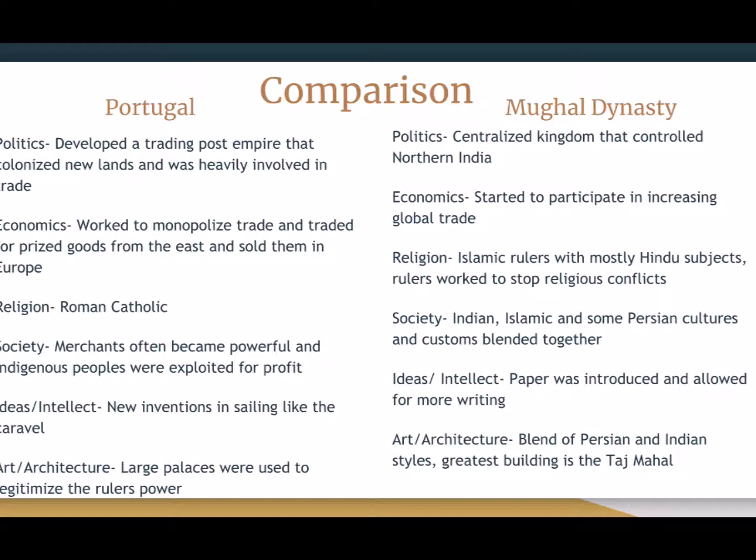In the Mughal dynasty, paper was introduced and allowed for more painting and writing. In Portugal, large palaces and monuments were created to legitimize the power of the ruler, while in Mughal, the Persian and Indian influences helped create great structures like the Taj Mahal.